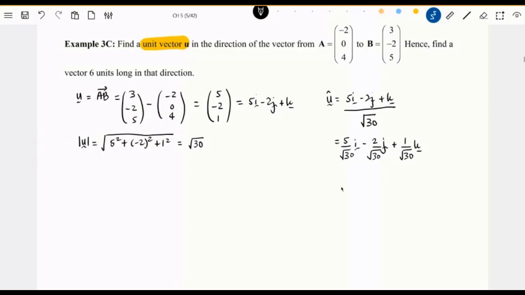Now we have to find a vector 6 unit long. So let's say I'll let this one as W. So let's say W to be 6 U hat. So we can have 6 times 5 over square root 30. So copy the whole thing back.